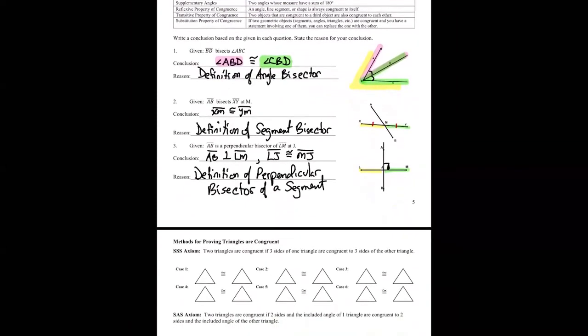So that's the next page. We have methods for which we can prove triangles are congruent. All right, there's a bunch, right? Lots and lots of diagrams here. So it's going to take a couple minutes to mark all these up, but it's definitely worthwhile because it'll cover every possible outcome. Now, I drew generic triangles here.